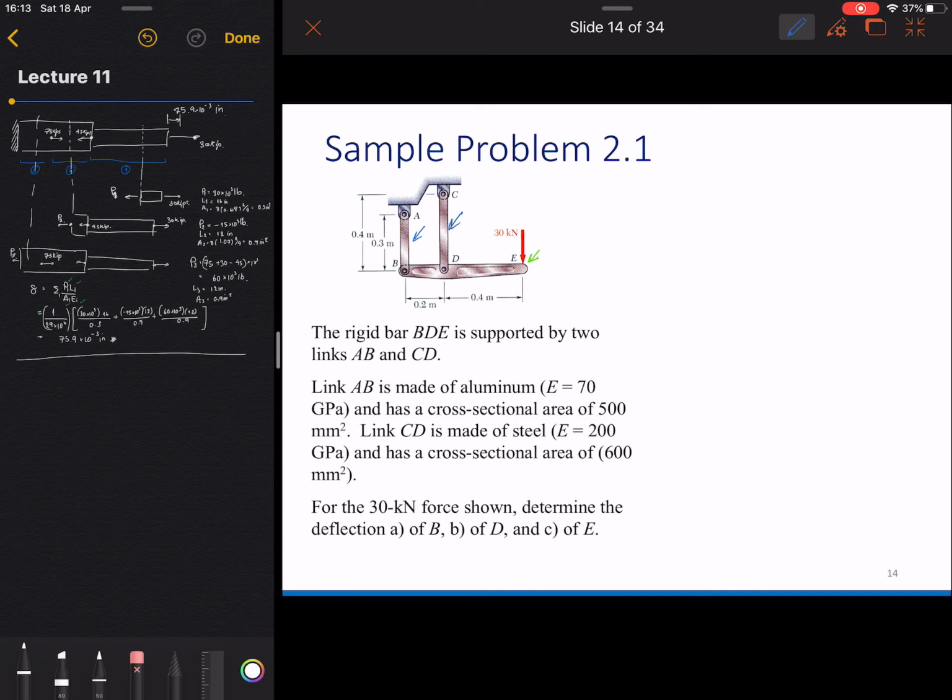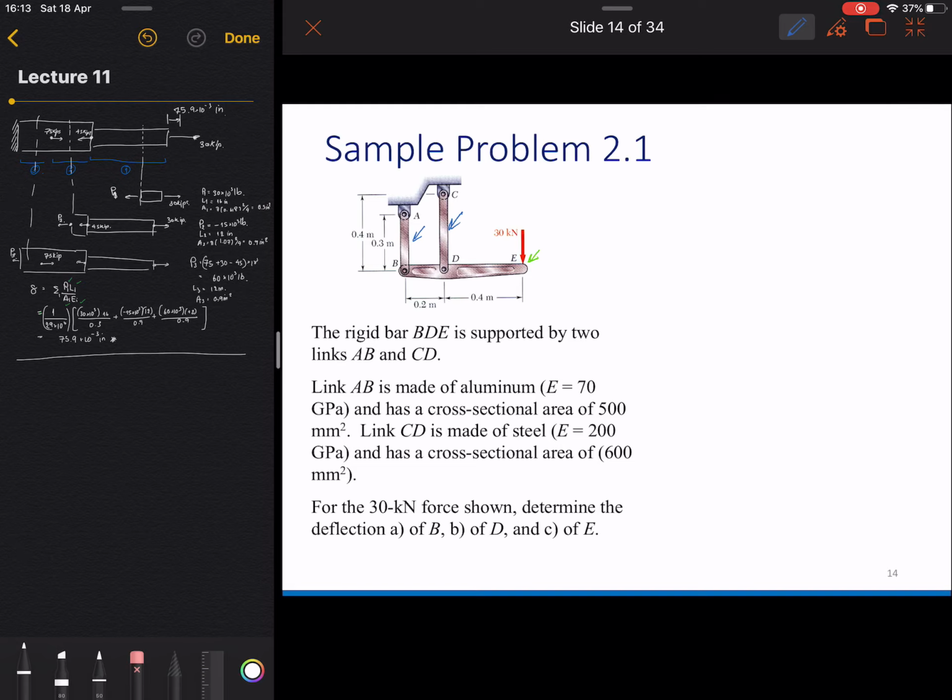And then we have link AB as aluminum, Young's modulus is 70 gigapascal, and the cross-sectional area is 500 millimeter square. And we have link CD, which is made of steel, with Young's modulus of 200 gigapascal and cross-sectional area of 600 millimeter square.